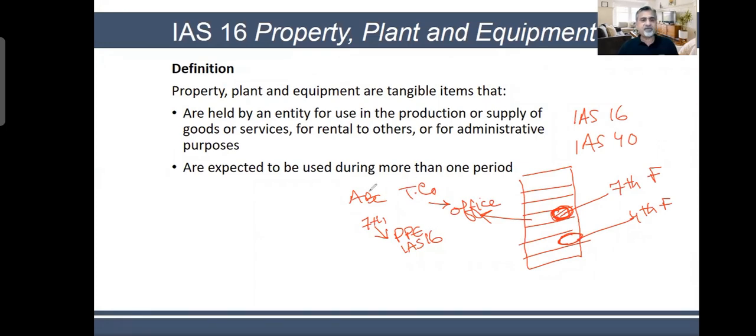To be classified under IAS 16, it is important that the asset is under your ownership or under your control, and you use it. The word is that you use it in the production or supply of goods or services or for administrative purposes. So you are using this office for yourself, for your business.